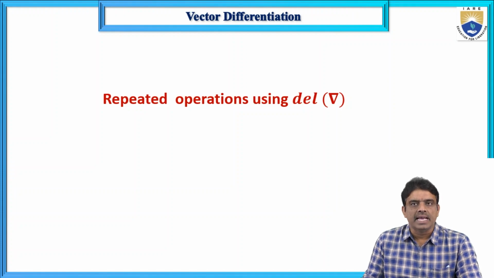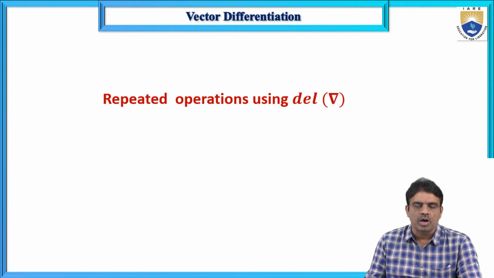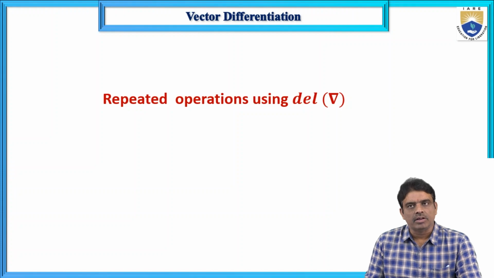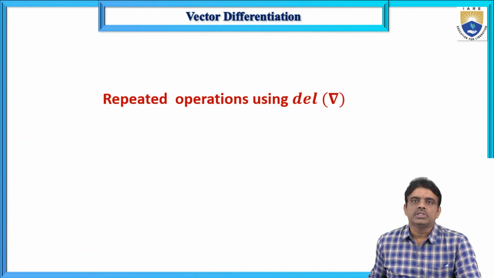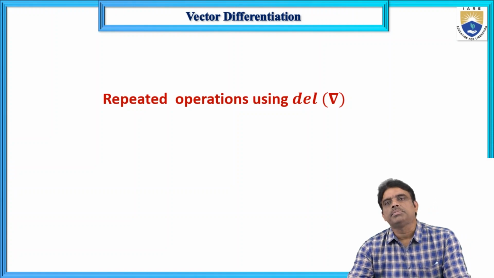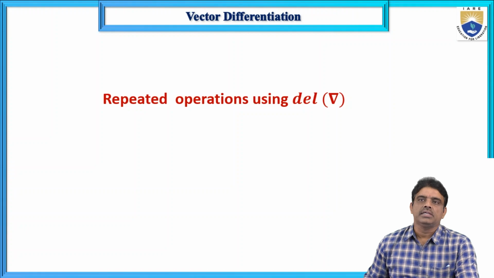Similarly, we saw the divergence of a vector point function and the curl of a vector point function. All are related to the operator del, and del can be applied on both scalar functions as well as vector point functions.